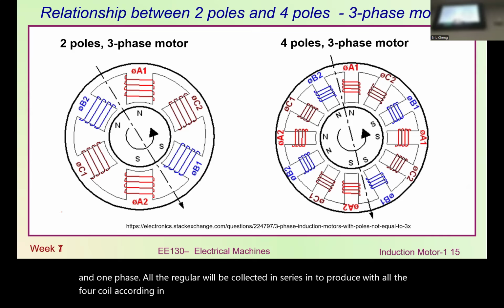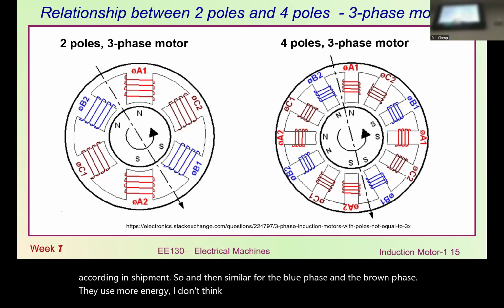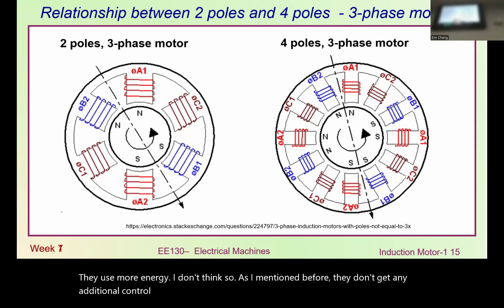And similar for the blue phase and the brown phase. As for using more energy, I don't think so. As I mentioned before, you don't need any additional control electronics. You just separate the winding: one long winding becomes four windings, so it just gives you more stable turning.